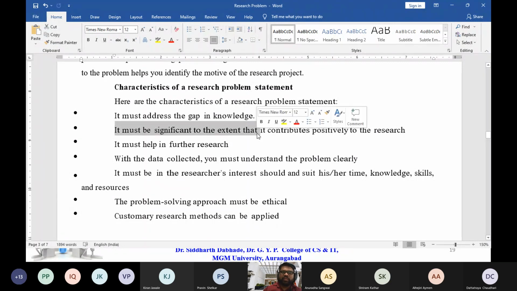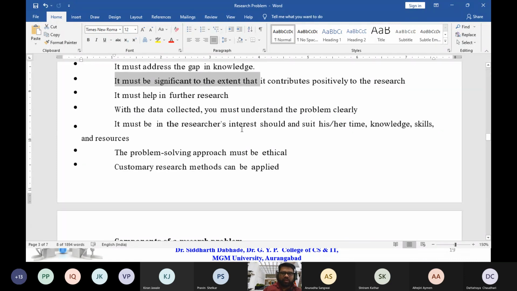It must be significant and contribute positively to the research. Okay, so significant research work should be there, or we need to extend the already existing research.